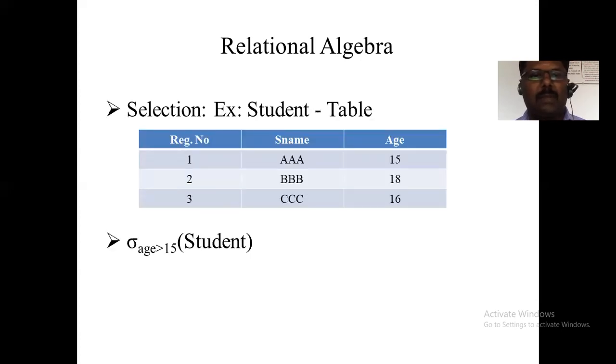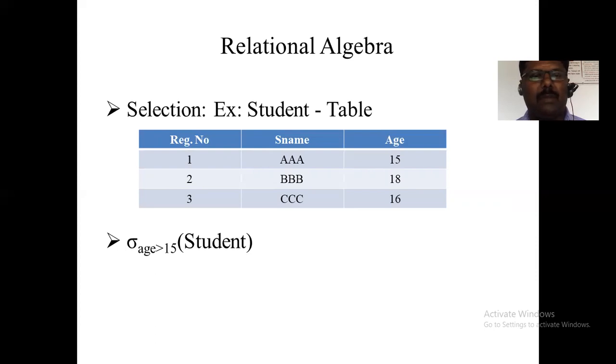This is a basic example. Here we have a student table with the attributes register number, student name, and age. We have three different tuples with register numbers 1, 2, 3. Here we are going to select tuples with the condition sigma age greater than 15 on student. When you check this table, it is going to fetch the tuples with an age greater than 15.